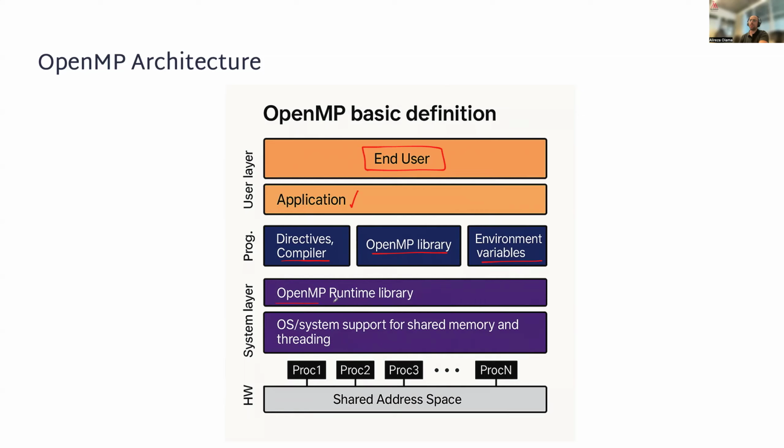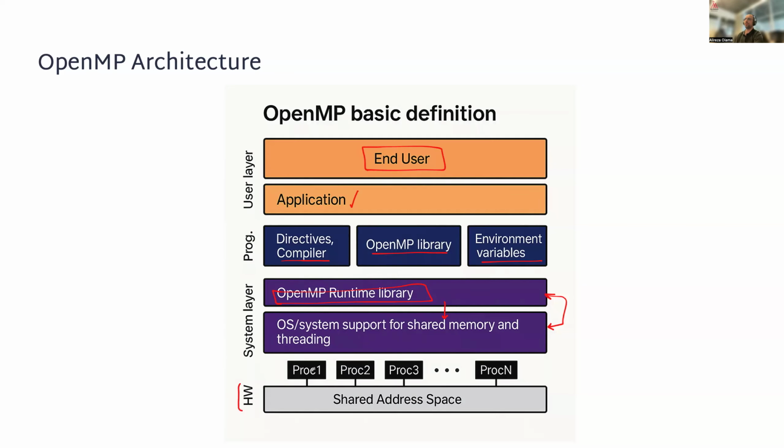Then it's up to the OpenMP runtime library to manage your program, like creating threads and managing them behind the scenes. And this runtime library uses operating system services for working with threads. So here is the place where OpenMP uses Pthreads behind the scenes, and then those threads will be mapped into actual hardware threads.